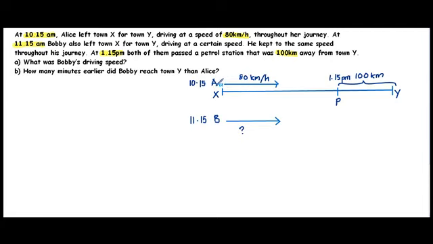So if Alice left town X at 10:15 a.m. and passed the petrol station at 1:15 p.m., the time taken would be 3 hours. How do we find this? 12 noon is actually 1200 hours.